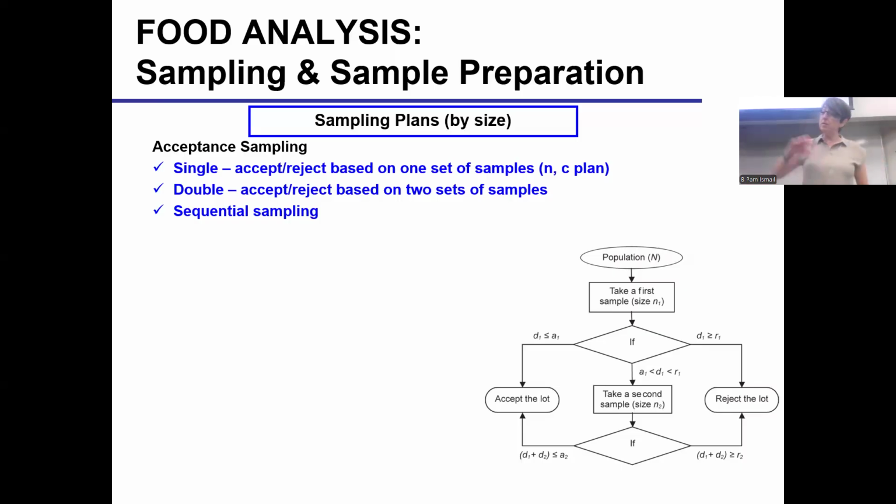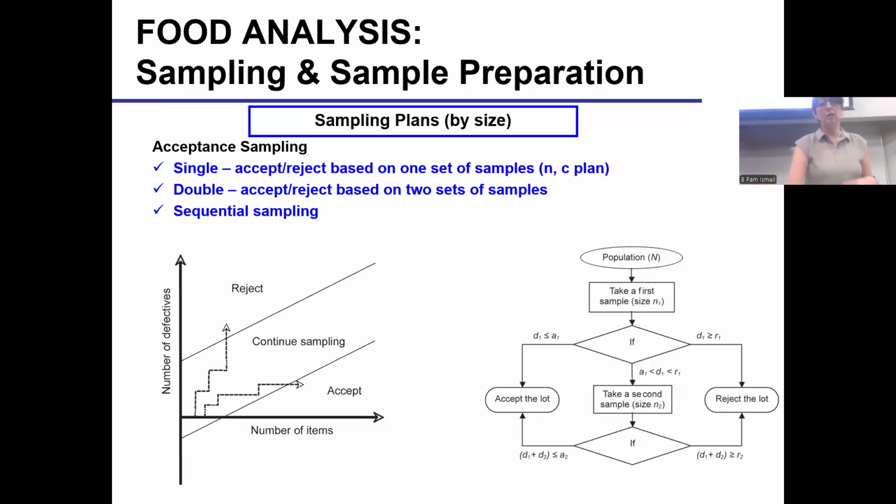Below, accept. Above, reject. But sometimes you are allowed to have a range, so your value falls between what is accepted and what is rejected. So you do testing again. That's called double acceptance sampling.